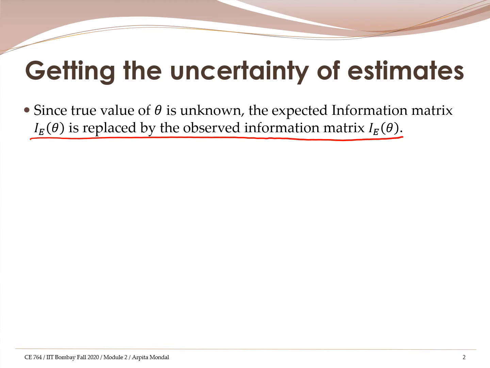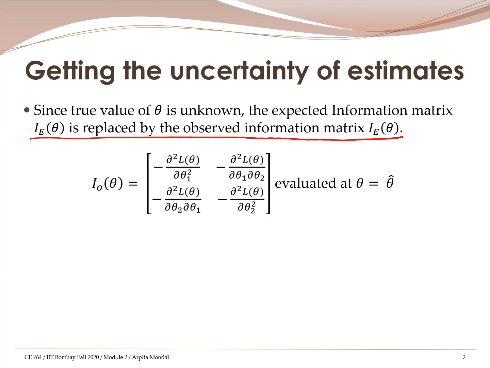When IE of theta is replaced by the corresponding observation from the sample, we call it the observed information matrix, which is nothing but these second order derivatives evaluated at the MLE estimators, so evaluated at theta equal to theta hat, right? So now the variance covariance matrix would be given by the inverse of this observed information matrix. So the Fisher information matrix is replaced by the observed information matrix.